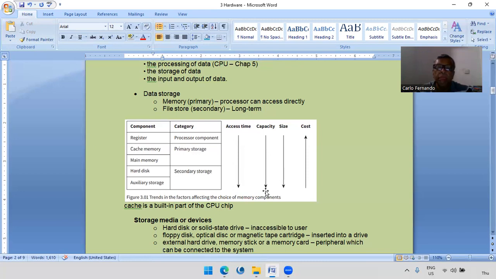Then the capacity is very high, very big. Size is also very big. And the cost is less, the other way around. Lowest priced one. Trends in the factors affecting the choice of memory components.